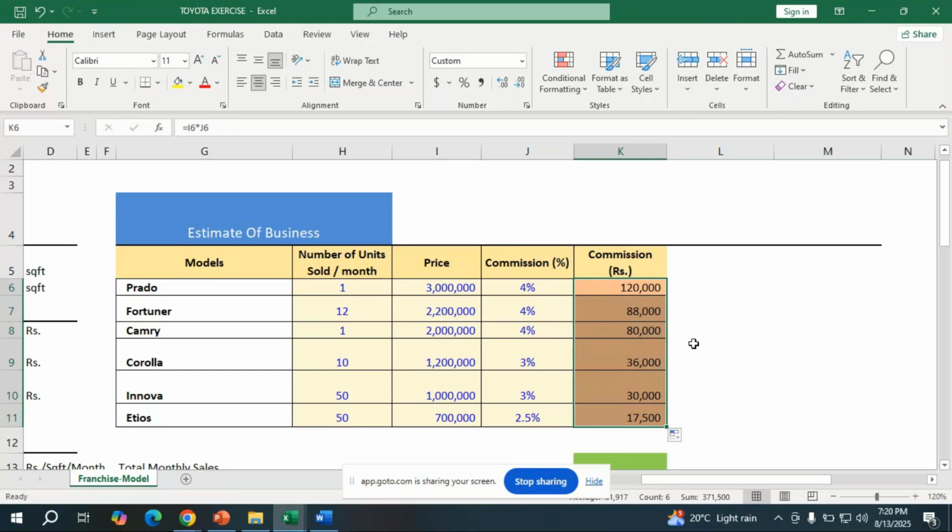So please calculate this. So please complete this calculation fast.